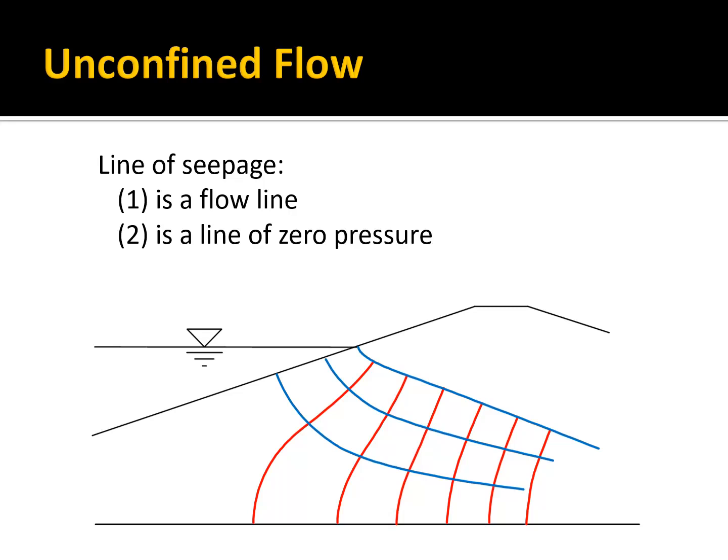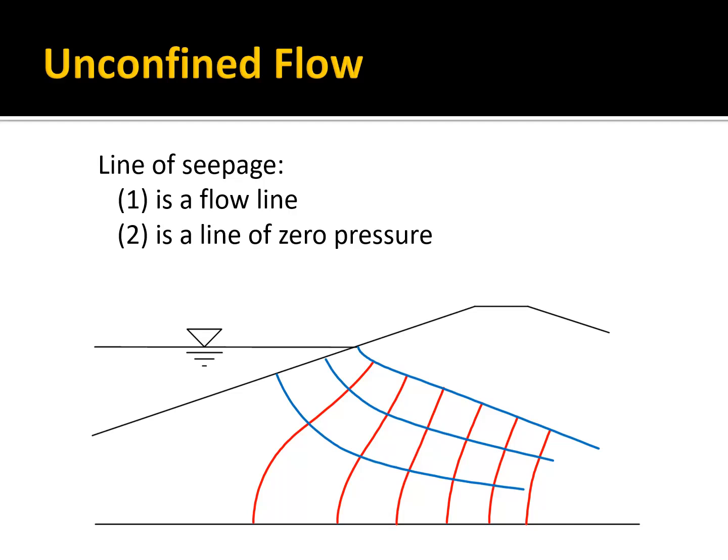You have to remember that this line of seepage up here at the top is both a flow line, because the water flows parallel to it, but it's also a line of zero pressure, because the total head is equal to the elevation head everywhere along that line.